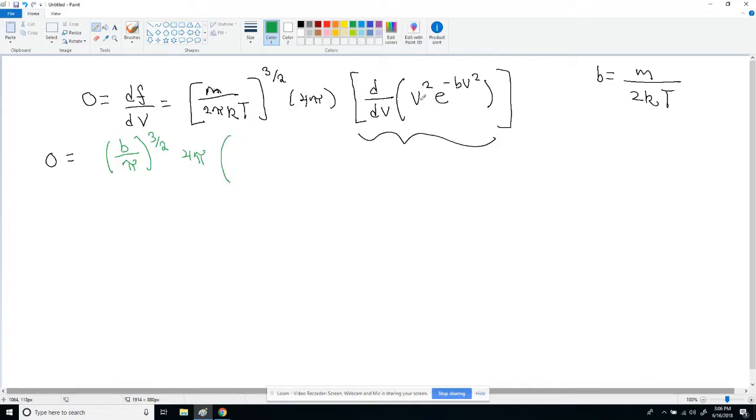So derivative of this is 2 pi times this, plus this one times the derivative of this, which is e to the x dx. So we have a chain rule in there.